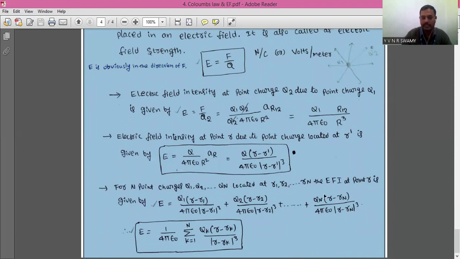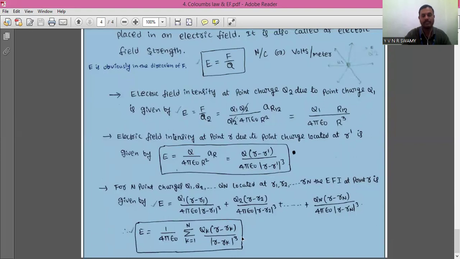So this is the electric field intensity for n number of point charges located at r1, r2 and so on up to rn. Now from this, what is the common term in all of these? 1 by 4 pi epsilon naught. So the electric field intensity is equal to 1 by 4 pi epsilon naught into sigma k equal to 1 to n qk into r minus rk by mod of r minus rk whole cube.